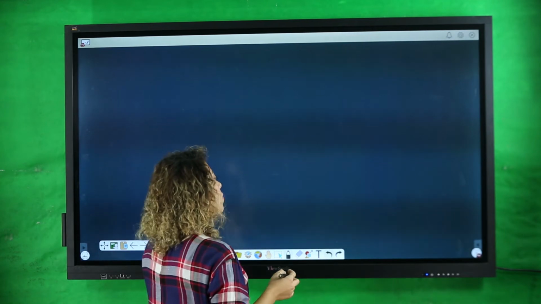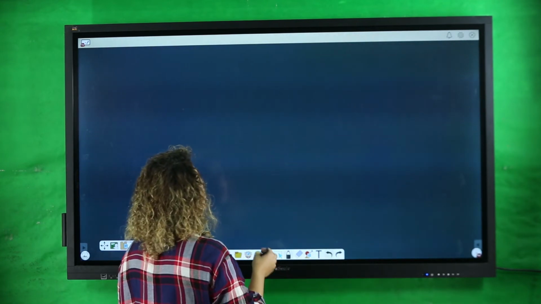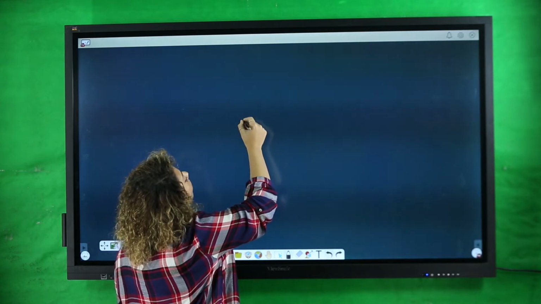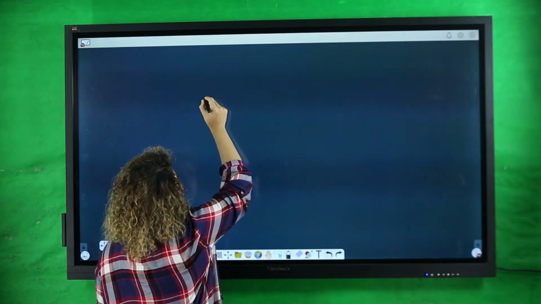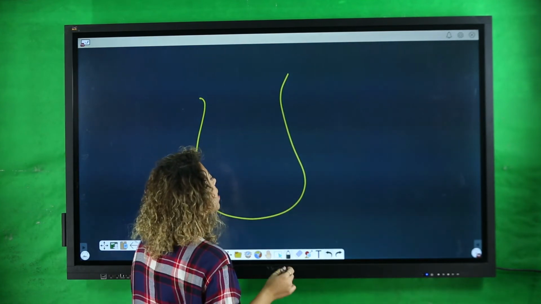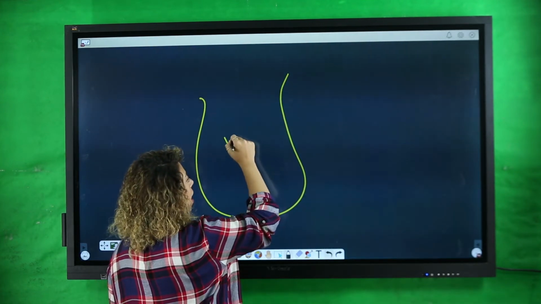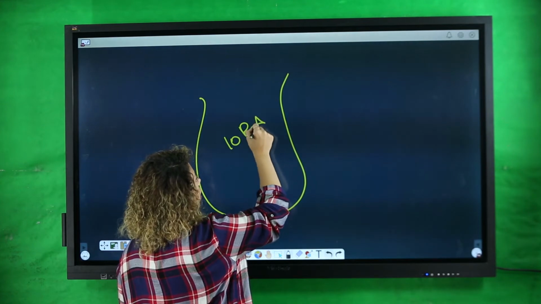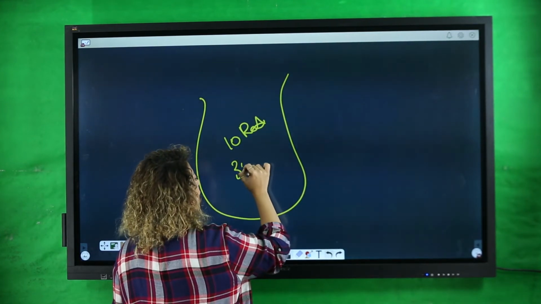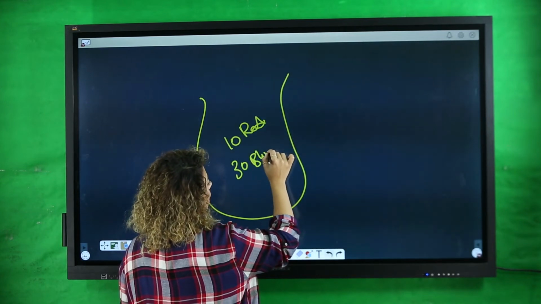If we have a bag and the bag has 10 red marbles and 30 blue marbles.